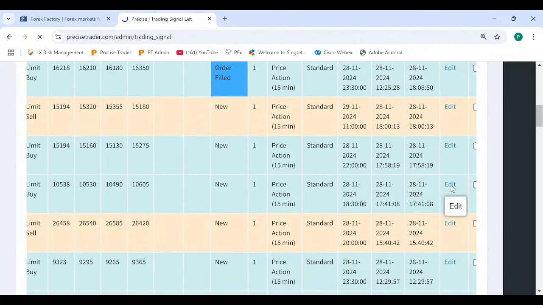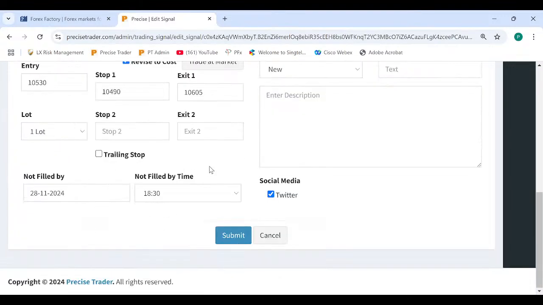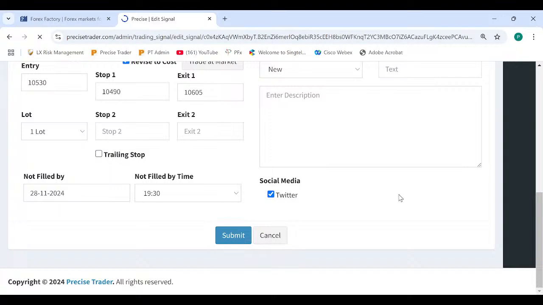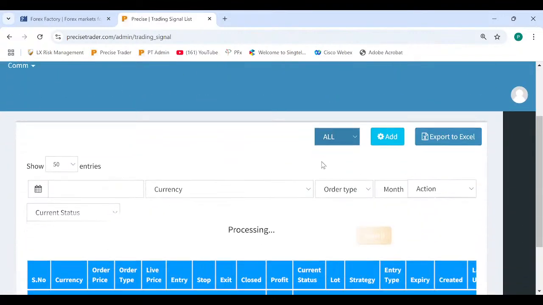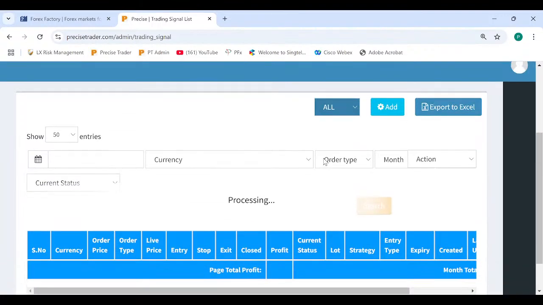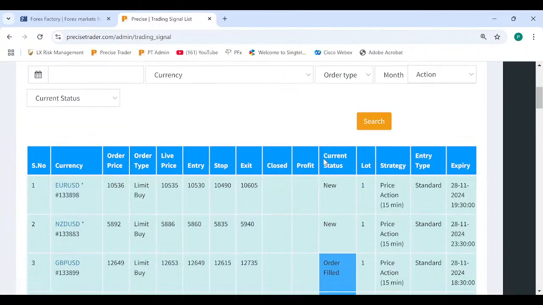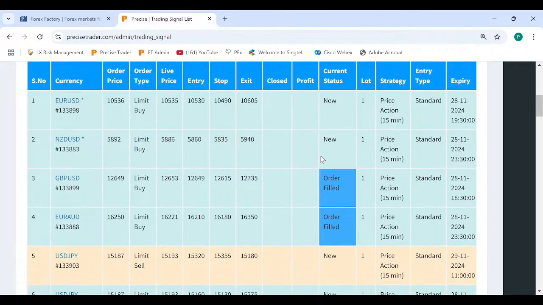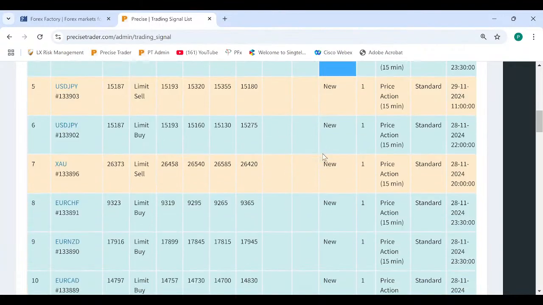The expiry is going to expire in 15 minutes, so we will give 1 more hour. Okay, so we will give 1930. Remember, I want to be in this trade. This one we have another 5 more pips. I think most likely in 1 more hour you should get filled. So this trade is okay.